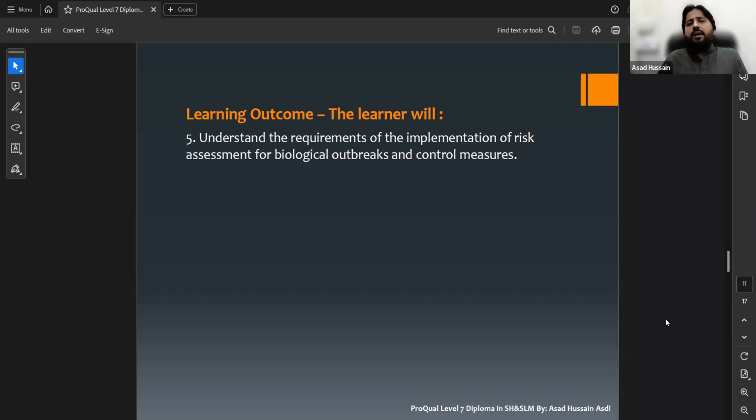So in this learning outcome, we will discuss what the requirements are for the implementation of risk assessment for biological outbreaks and control measures. This learning outcome will give you knowledge and make you able to understand the requirements of implementation of risk assessment specifically for biological outbreaks, and in case of those outbreaks, what control measures you can use or have to implement will be discussed.